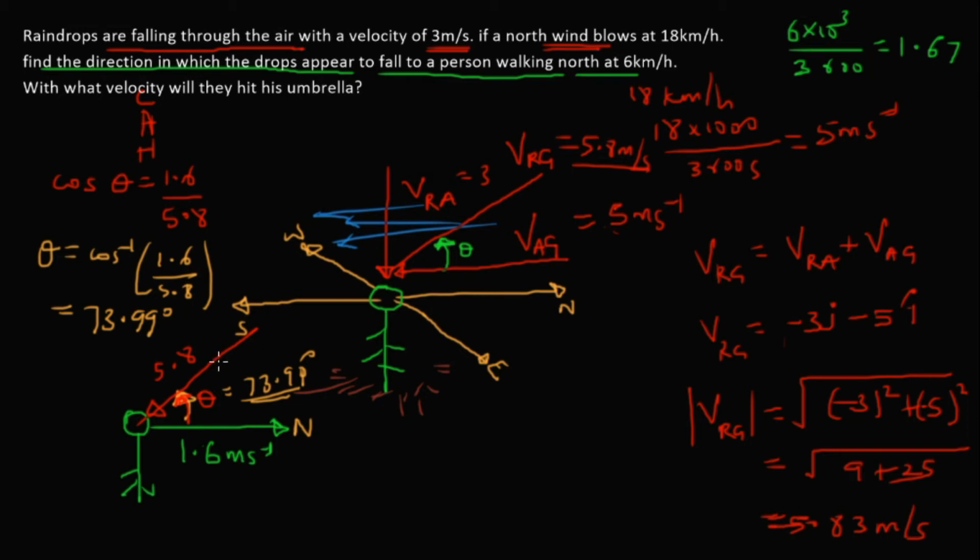And this is the vertical for the man, and this is also from the north of the man. So we can say that it is 73.99 degrees away from the north.